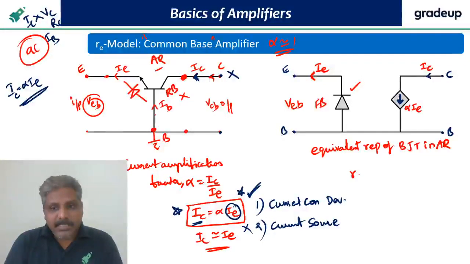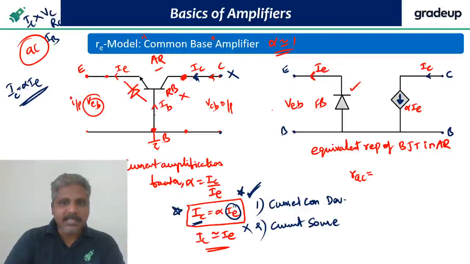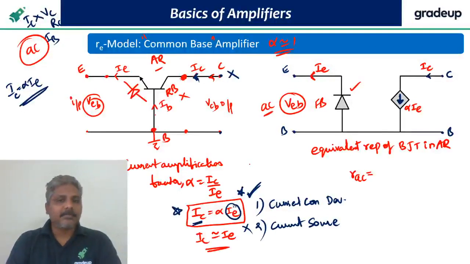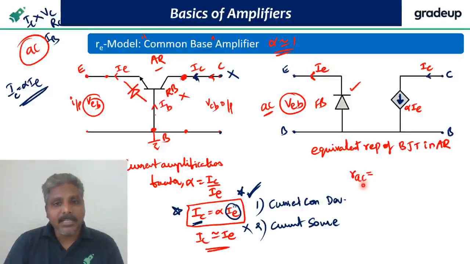The dynamic resistance is denoted by rac. Remember, VEB is an AC signal, we are talking about AC.